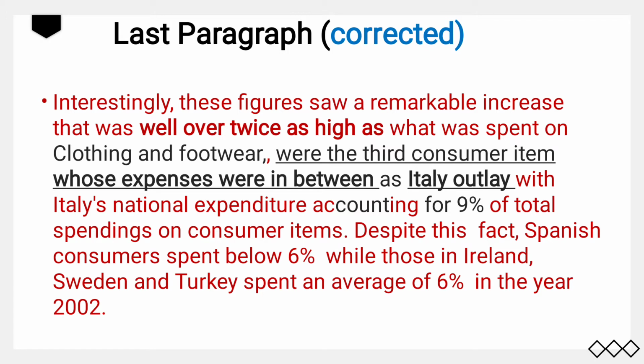You want to use these kinds of phrases to show the comparison, such as twice as high as, unlike, with respect to, far below. These are phrases to indicate that you are making comparisons. So you will see these figures saw a remarkable increase that was well over twice as high as what was spent on clothing and footwear.